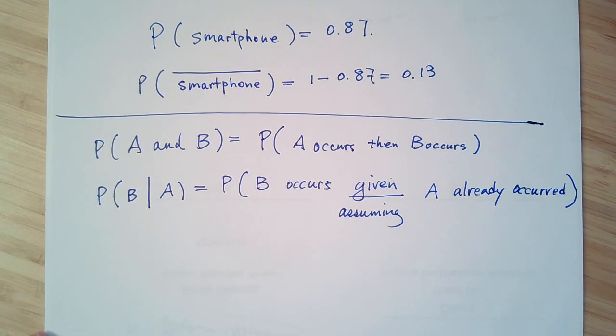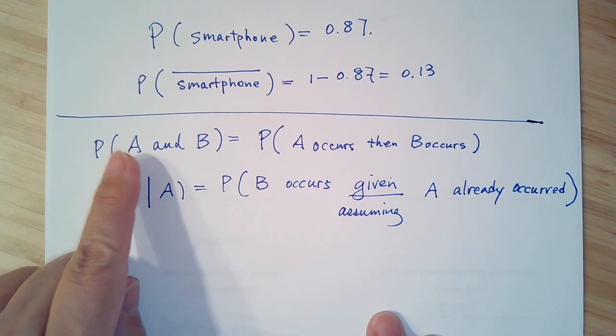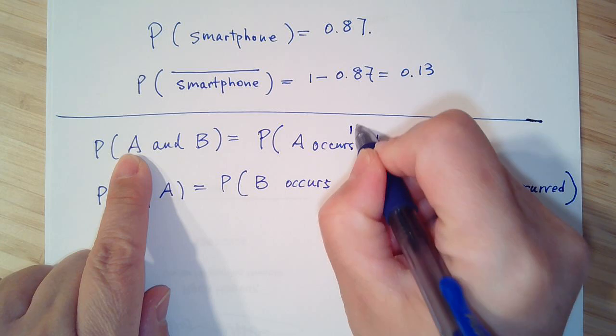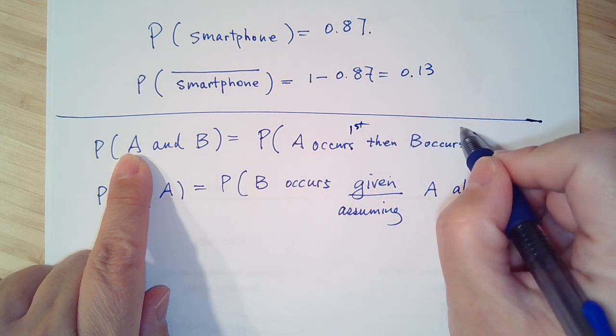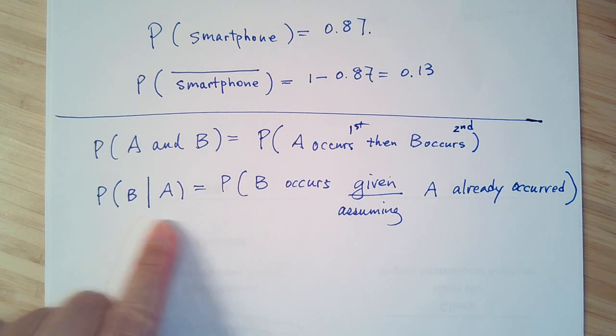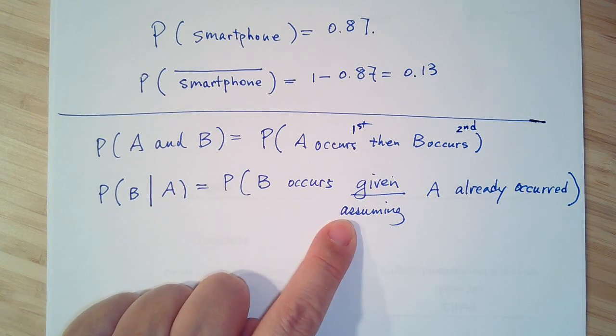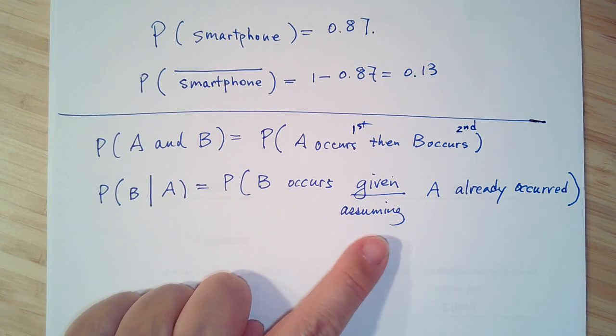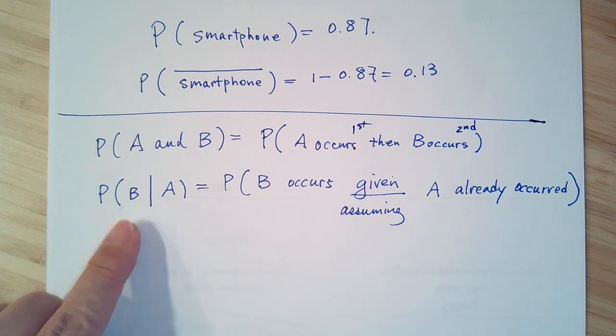You see the difference between these two? This one is A occurs first, then B occurs second. And this one is the probability that B occurs given that A already occurred. That is the conditional probability.